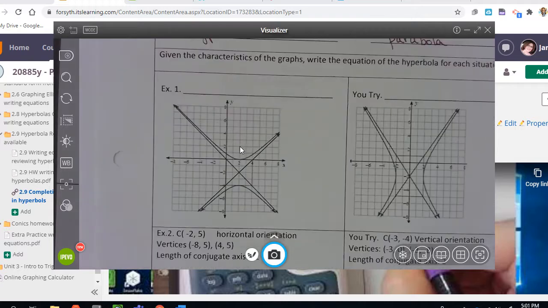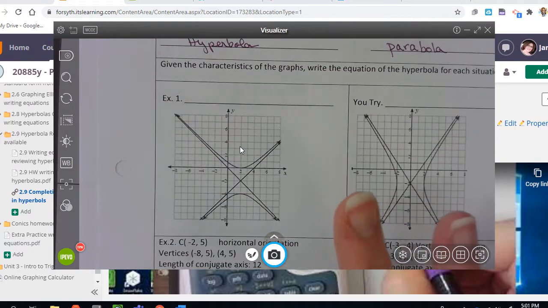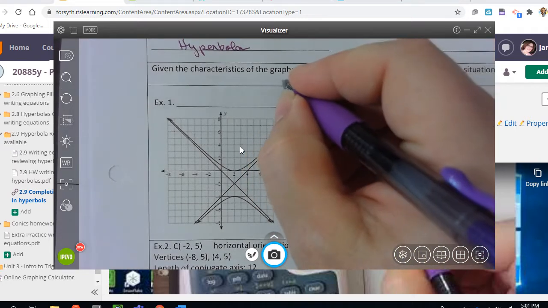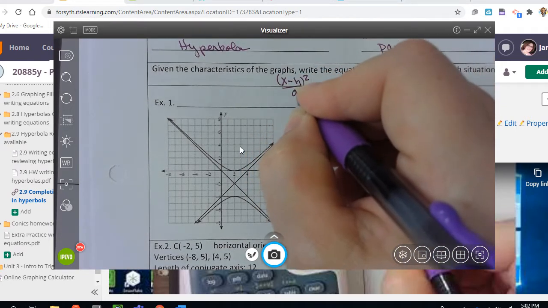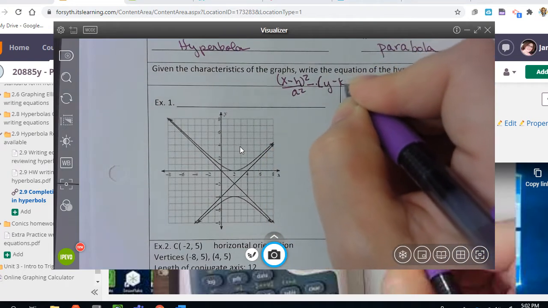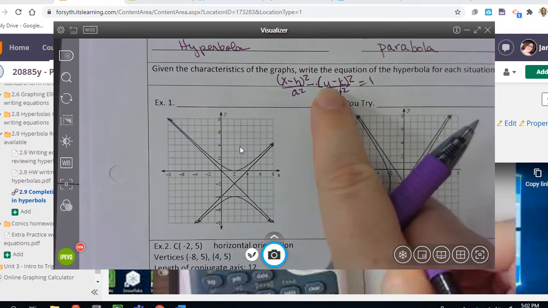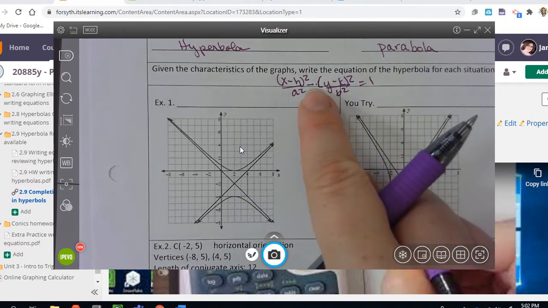All right, so going on to example 1, you need to write an equation. So you need to know that the equation of a hyperbola is either x minus h squared over a squared minus y minus k squared over b squared equals 1, or it's y minus k and x minus h, and they swap.